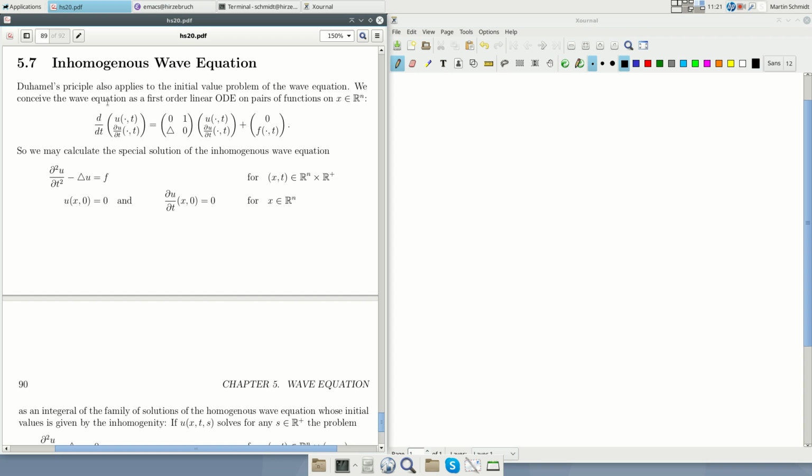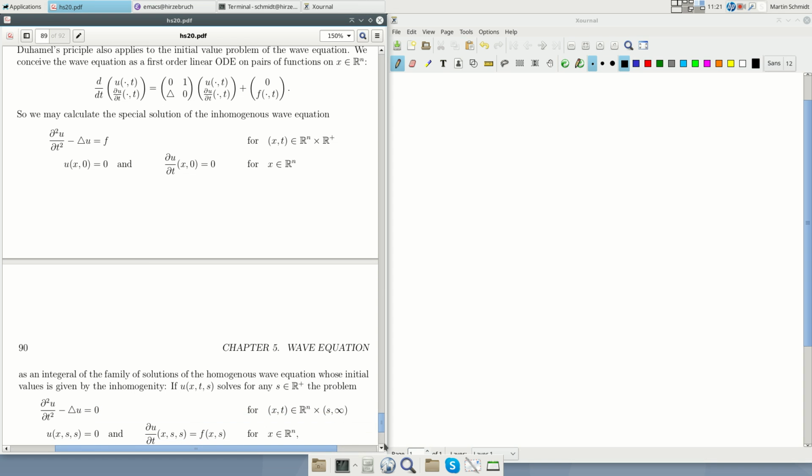Now we have transformed it into a linear ODE. So this is the linear operator and this is the inhomogeneity. Then we apply the method of variation of constants in order to obtain the corresponding inhomogeneous special solution.